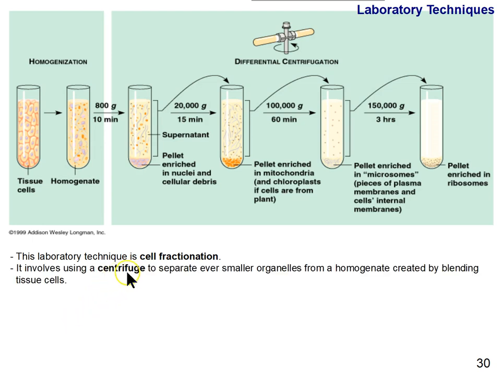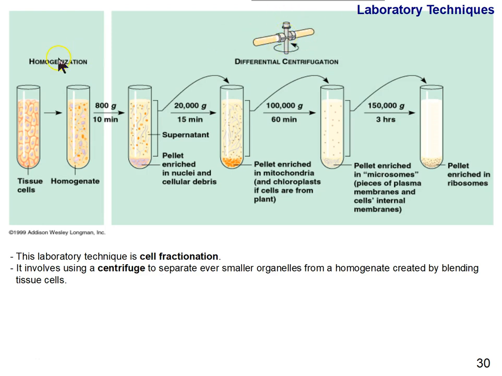And what we use to do that is a device known as a centrifuge, which is being shown here in the diagram. It's simply a device that spins solutions that contain parts of cells at very high speeds.